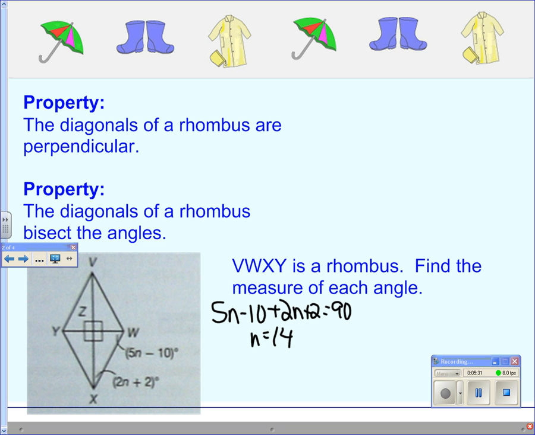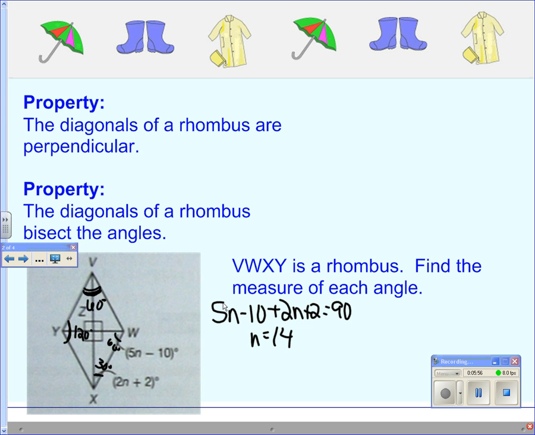And then how do you find the measure of the angle? So what would this angle be? And then the other angle? What would this whole angle be? What would this whole angle be? 120.